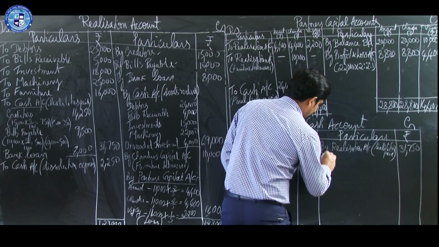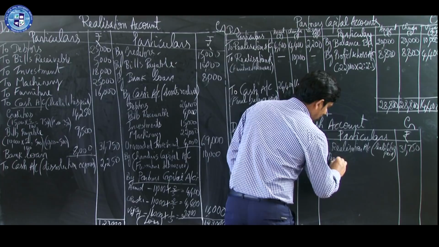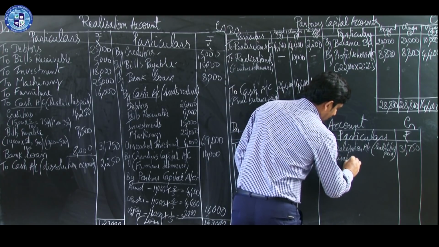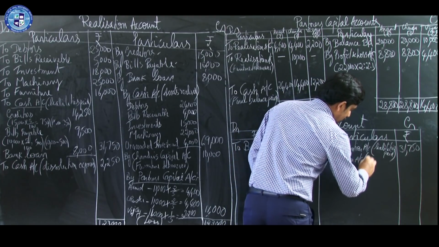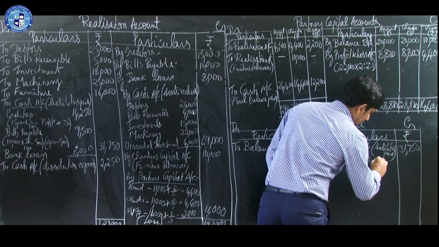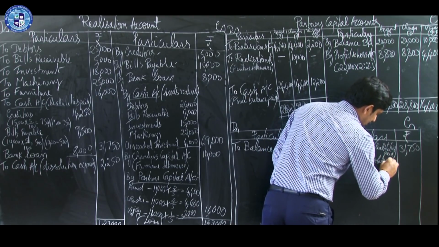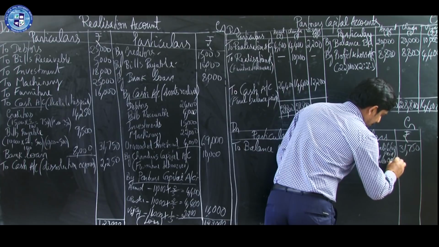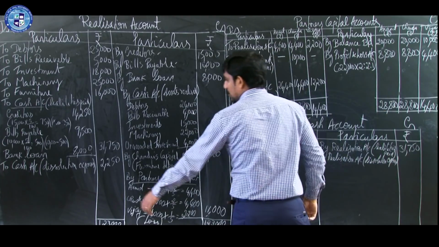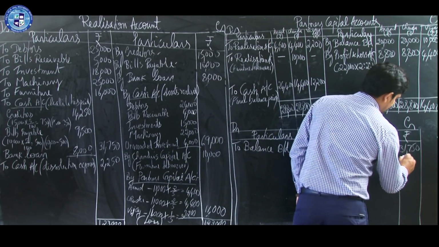Next, again by realization account, for dissolution expenses. How much is the dissolution? 2,250.